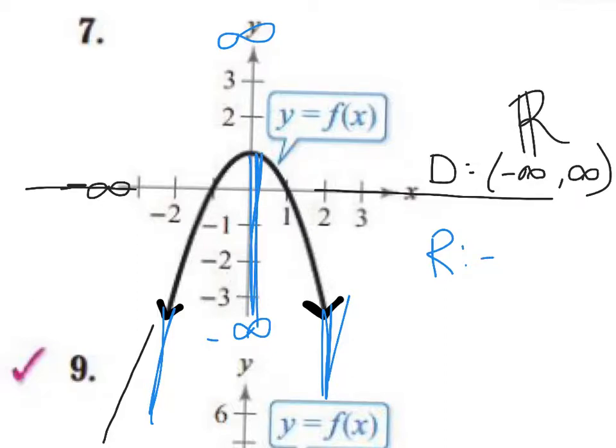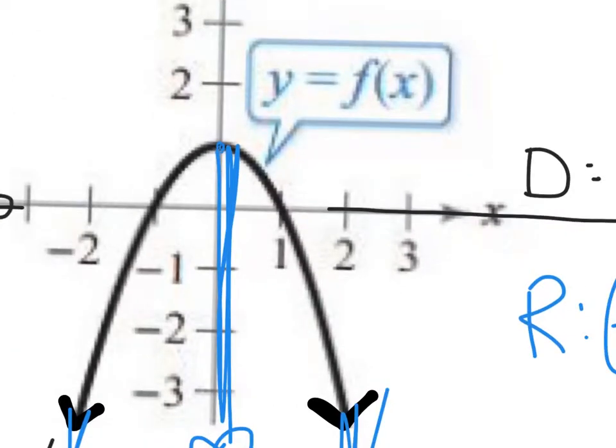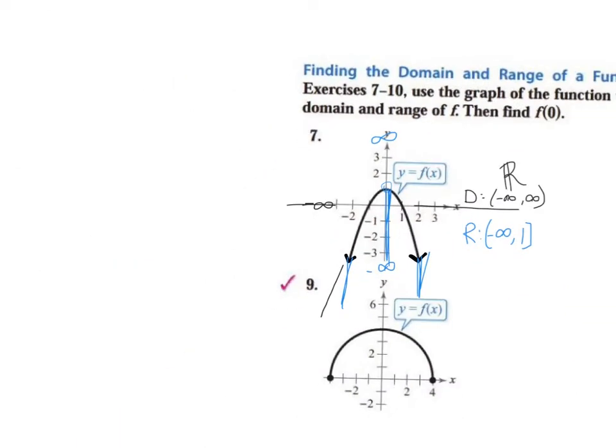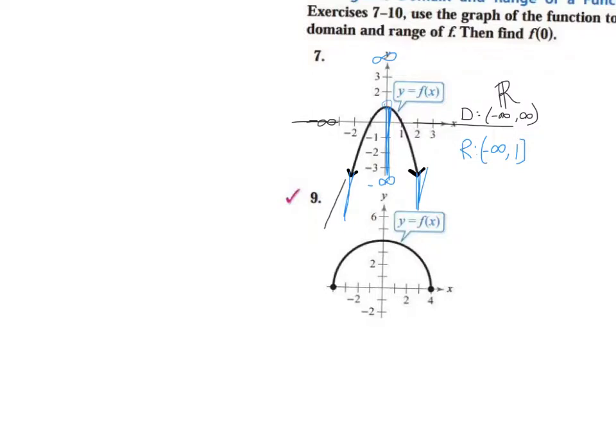At 1. So it's negative infinity to 1. What goes on negative infinity? A parenthesis or a bracket? Parenthesis. And what goes on 1? A bracket. Does it include? Is there a point there? Yeah. The graph doesn't have a big open spot or anything like that. It includes that point.